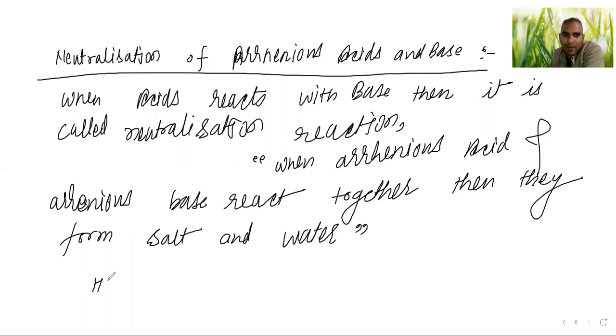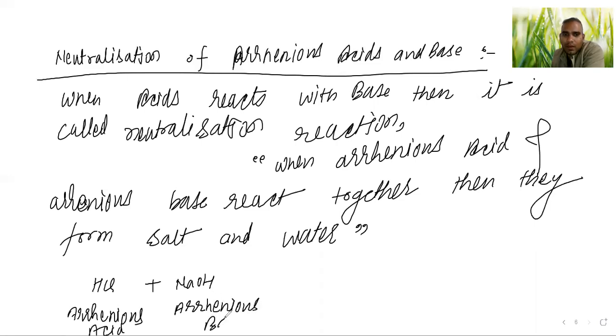Like suppose I am having HCl. This is an Arrhenius acid because it gives H plus ion in water. If I am taking NaOH, because it gives the OH minus ion, this is an Arrhenius base. Now they are going to react with each other.